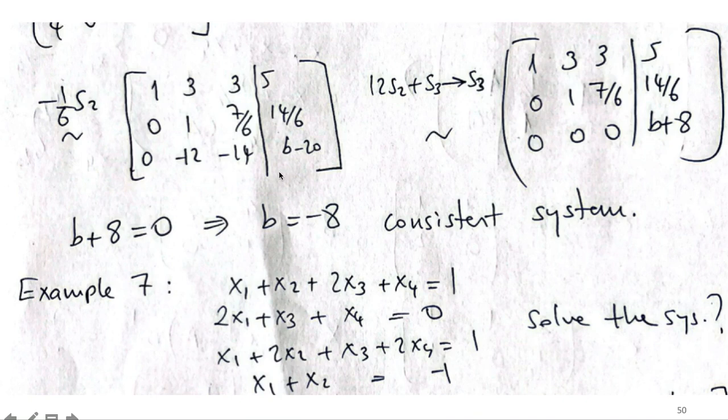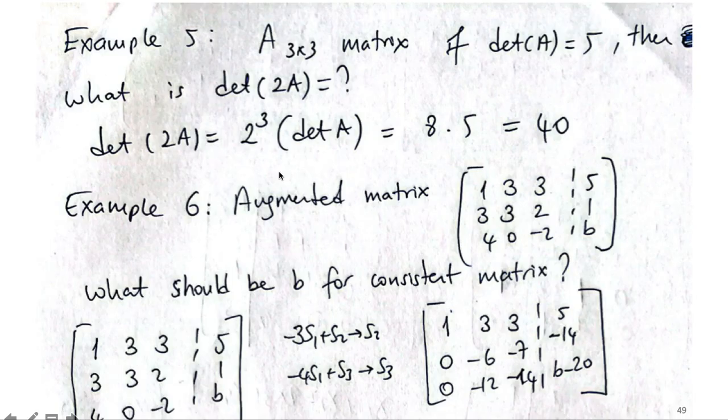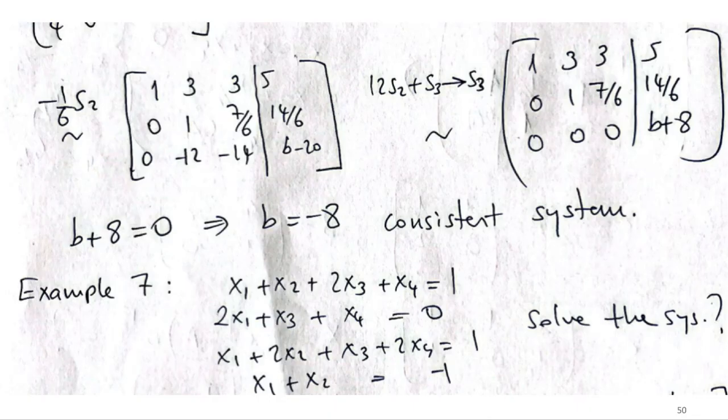And then for the other term here, once we get this 1, we can multiply the second row by minus 12 and then add to the third one. So if we do that here, after we multiply the second row by 12 and then add to the last row, this will cancel out to 0, and then this will also cancel out to 0.